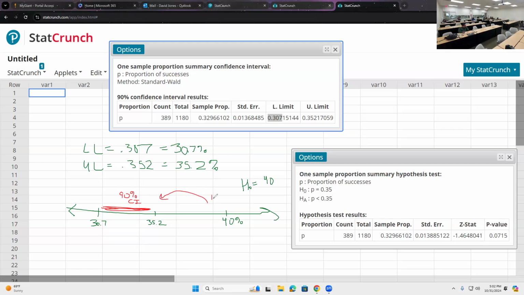H naught is not in it. Since H naught is not in it, get out, H naught, you're rejected.